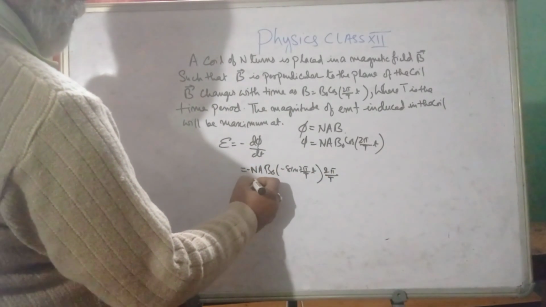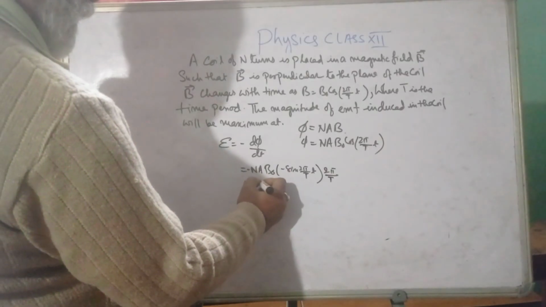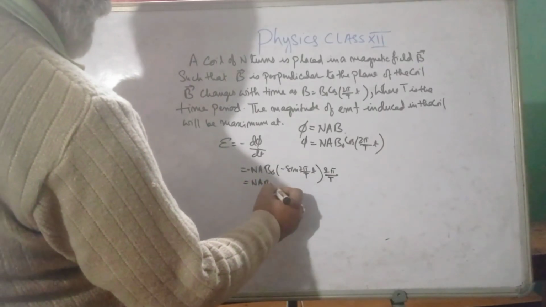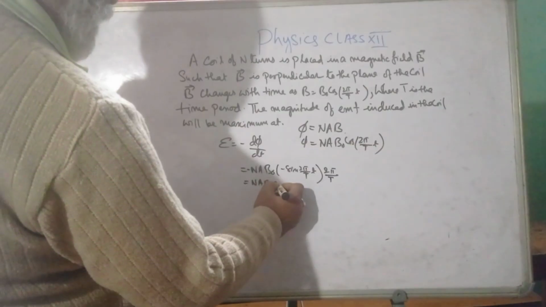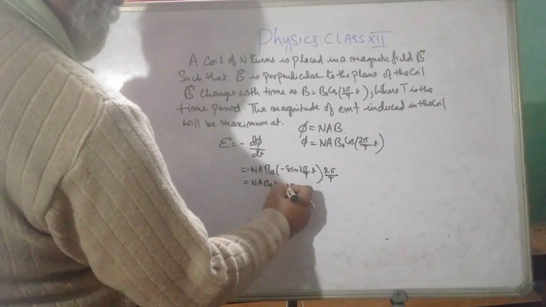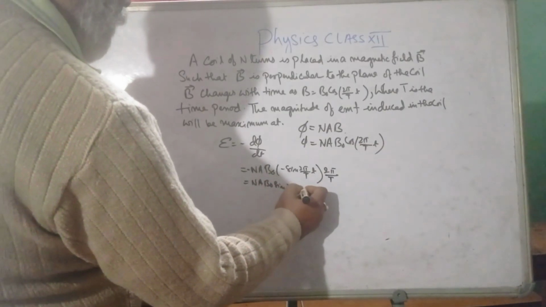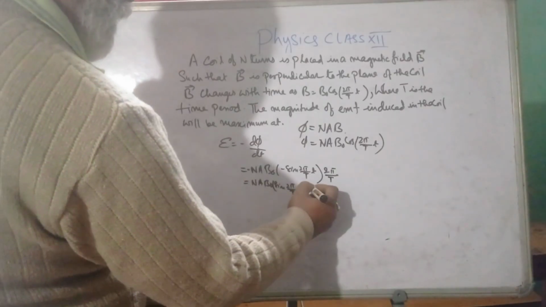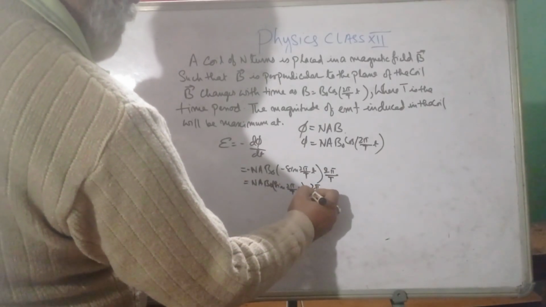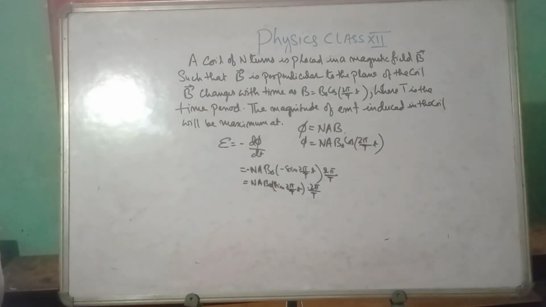So minus minus plus, this will be N A B naught, and here this is sine 2 pi by T into t, and then again 2 pi by T. You are going to get this result.